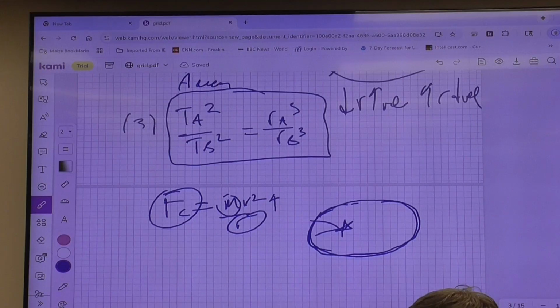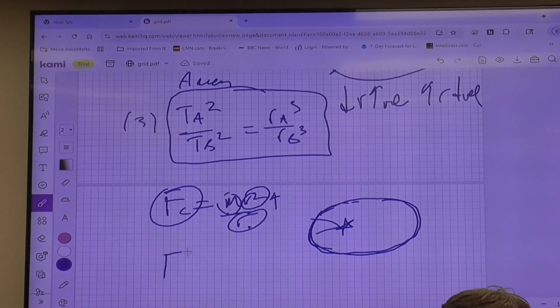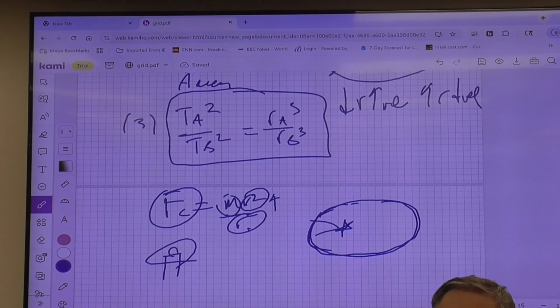Does it get bigger, smaller, or stay the same? It gets bigger. Same mass, you're moving faster, and you're dividing by a smaller radius. So bigger. So yeah, the centripetal force gets bigger, okay? It's like in your house, you have a banister and you run by it and you grab a hold of it and you slingshot yourself around. That's basically what Mars does around the sun.